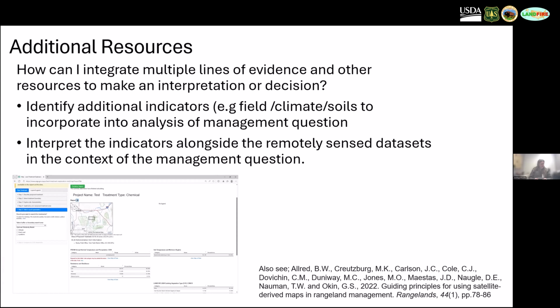You can see this example of this tool where it compares proposed treatments to similar past ones, so whether they've been successful, what the actual fuel treatment is. And so at the end of the day, you can take a lot of these different data sets and make conclusions based on them, which is important. You can go to the next slide, Matthew.